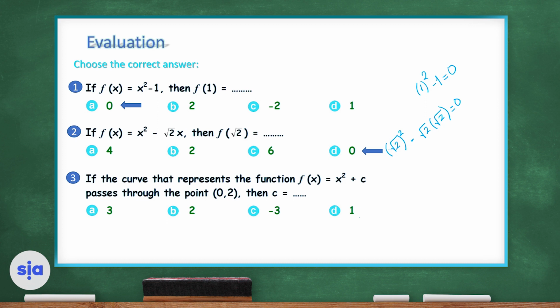So in this case, we're going to replace the x by 0 and the f of x by 2. So 2 equals 0 squared plus c, then c equals 2. So the right answer in this case is 2.